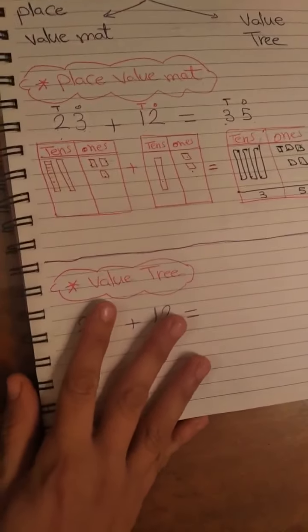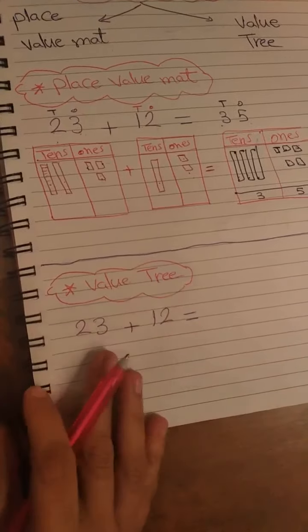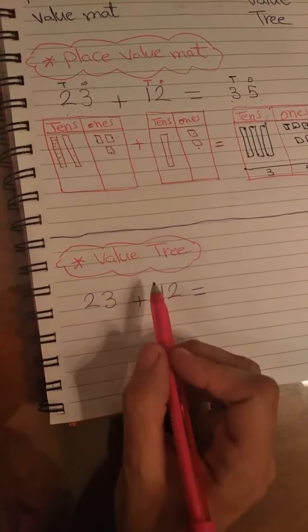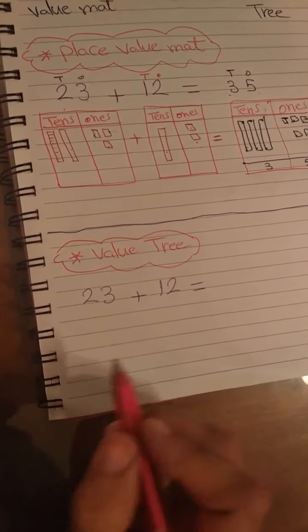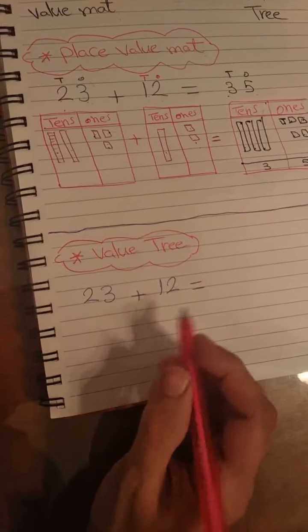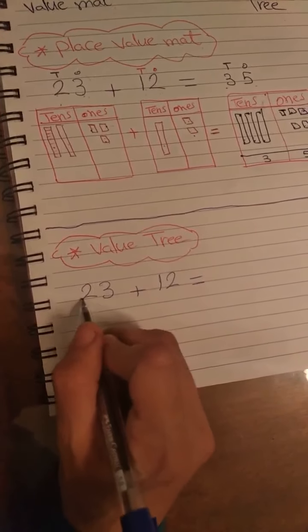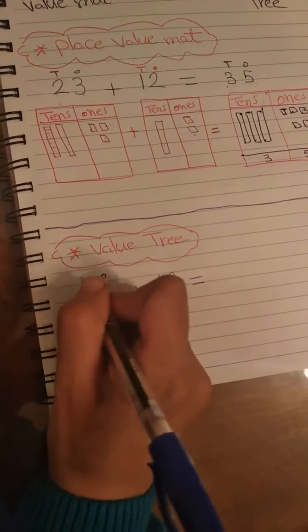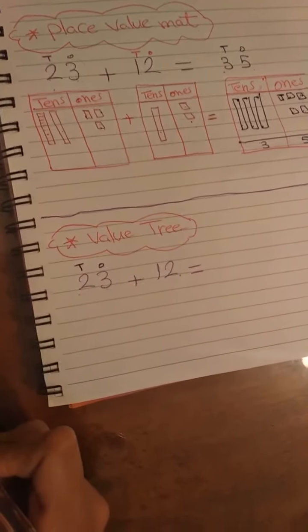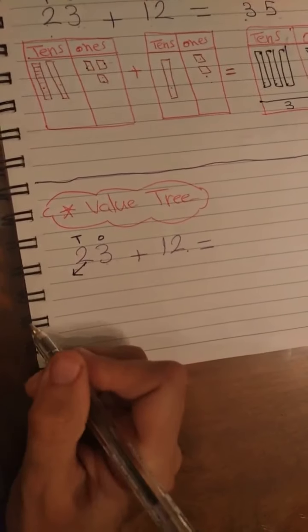The second strategy in decomposing is making the value tree. Value tree depends on value. I decompose a number by its value, like I did in the expanded form which we studied before. So here I have the first addend, 23 plus 12. 23 consists of ones and tens. To make the value tree, I will put each digit in its value.